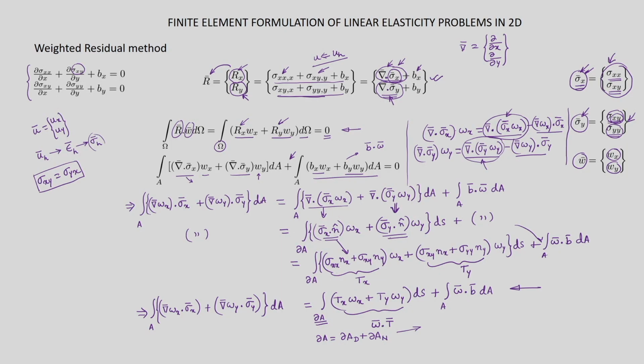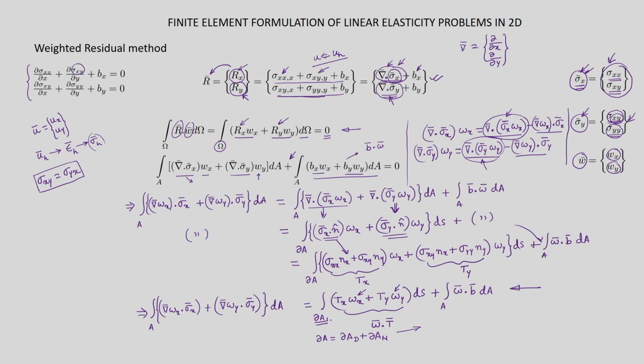So where the field variable U is specified, W is 0. It means on the Dirichlet boundary W is 0, so Wx and Wy will be 0 when we integrate over the Dirichlet boundary. So this entire integral over the Dirichlet boundary will become 0.